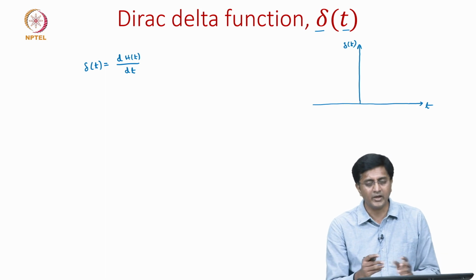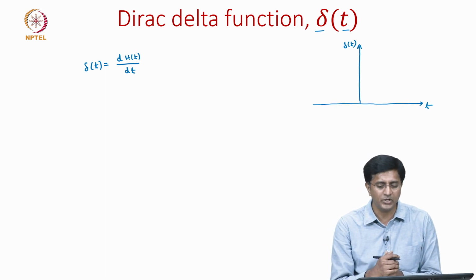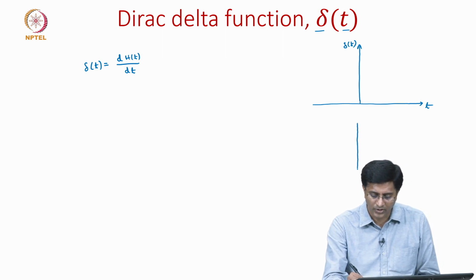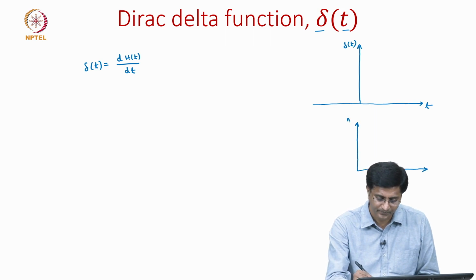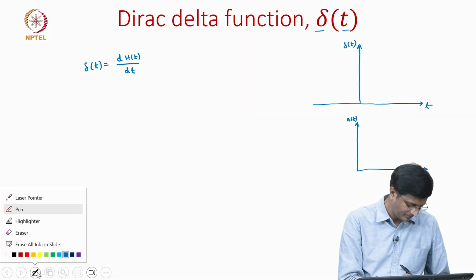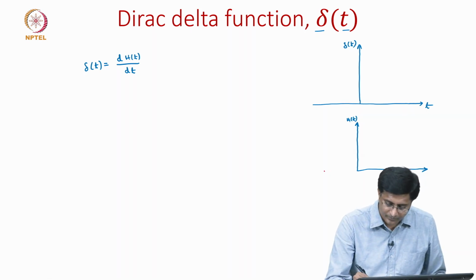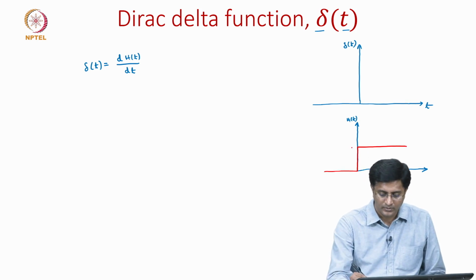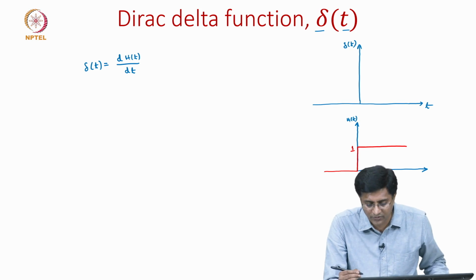Okay. So, what happens to the left of time t equal to 0? Let me also plot the Heaviside function, which will help us to better view this. So, this is how the Heaviside function is.